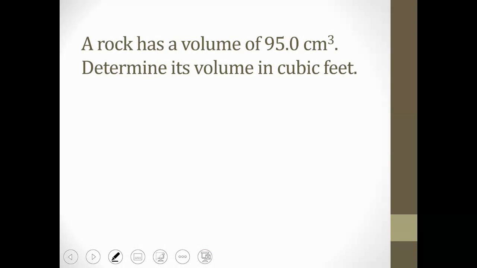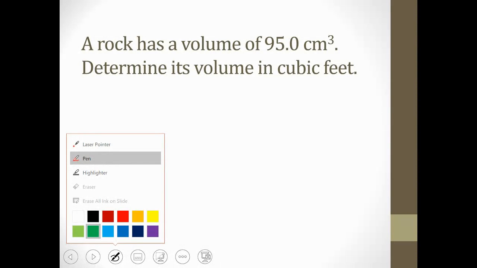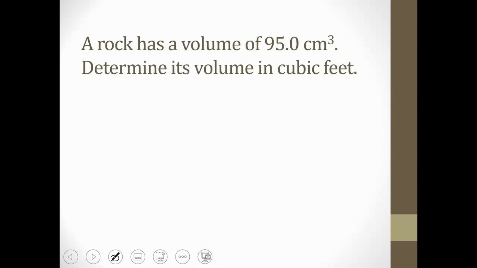So what if you have a cubed unit? I have a rock and its volume is 95 centimeters cubed. If you have a case like that, you do it exactly like the last problem, only you cube each factor instead of squaring it. So for example, we're starting with our 95 centimeters cubed.